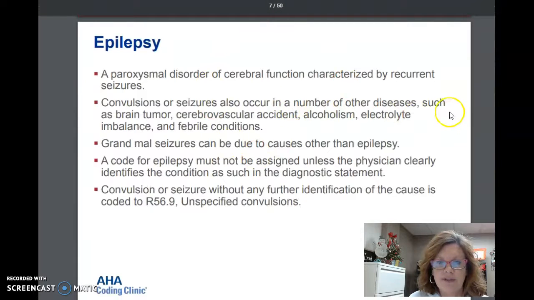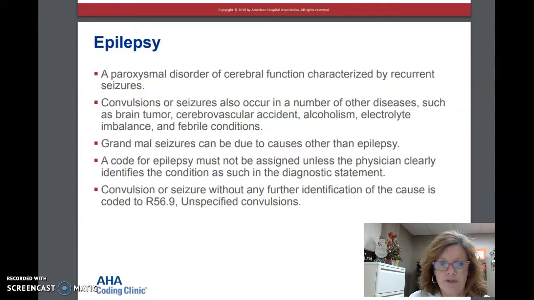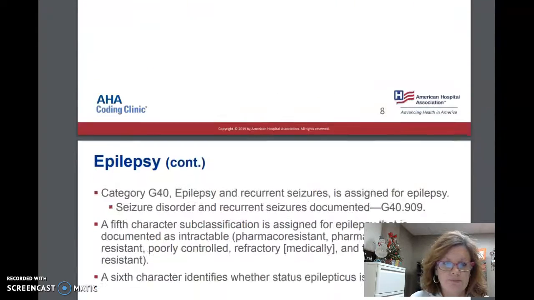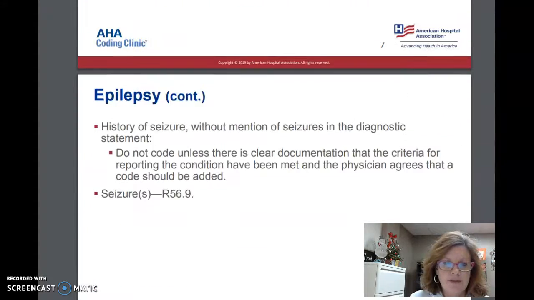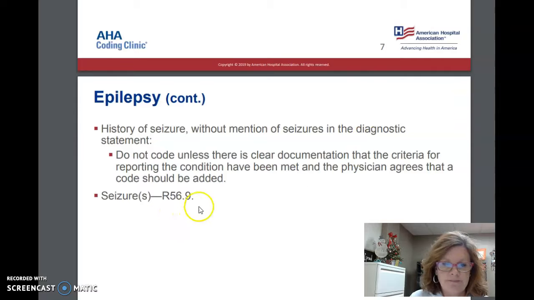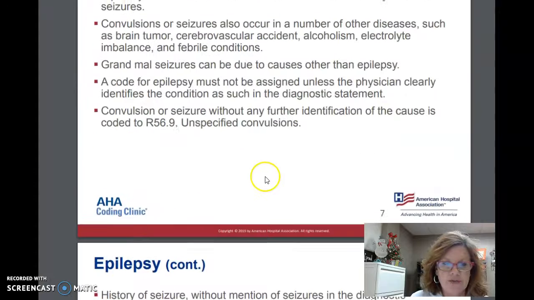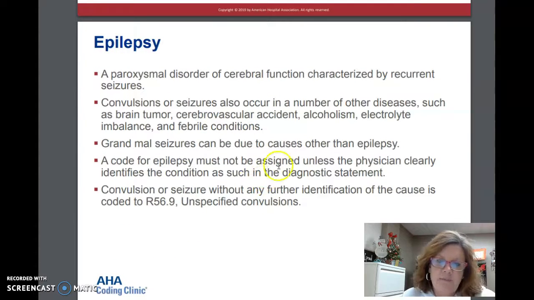Epilepsy is another big section to code, but you read it as is and you code exactly what they tell you. The one thing with epilepsy, we have seizures, and it's kind of like the same thing with AIDS and HIV. You do not ever code epilepsy with probable, possible, because somebody does not want that on their chart.